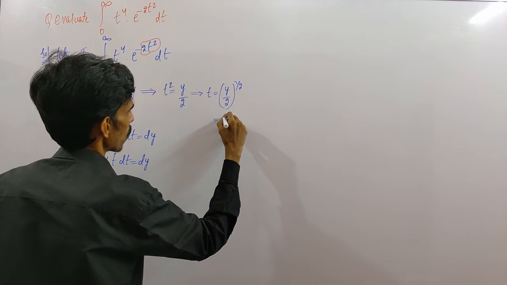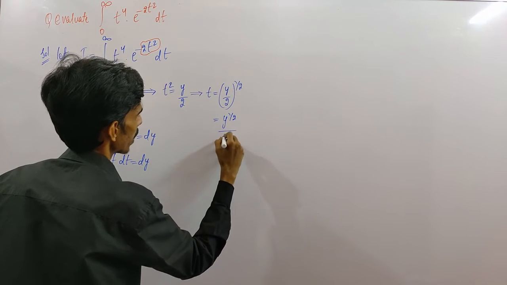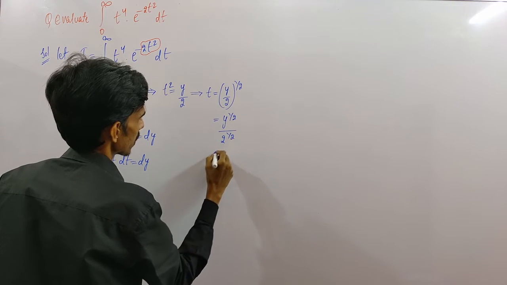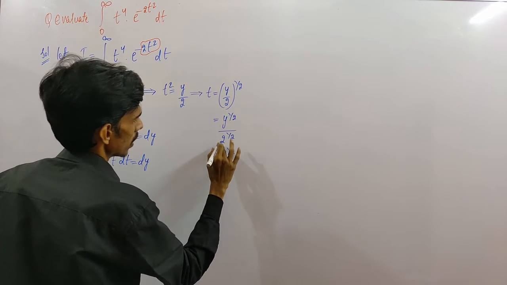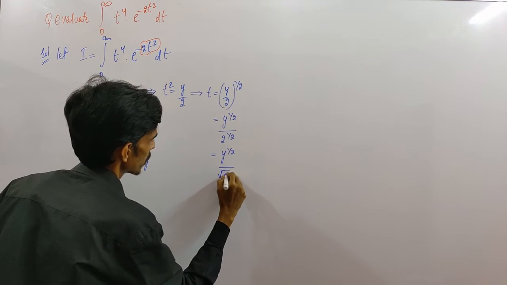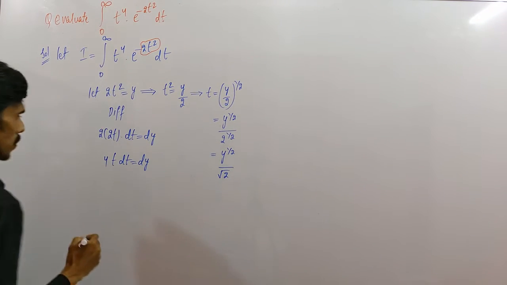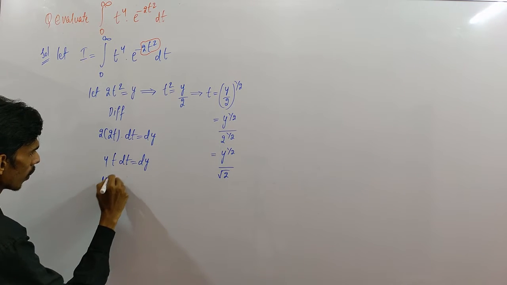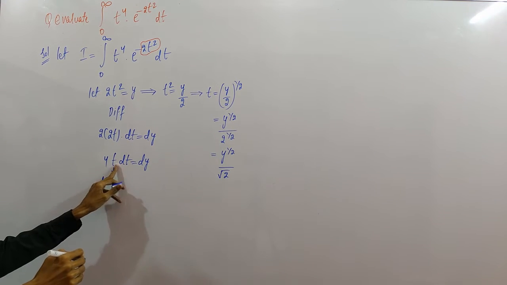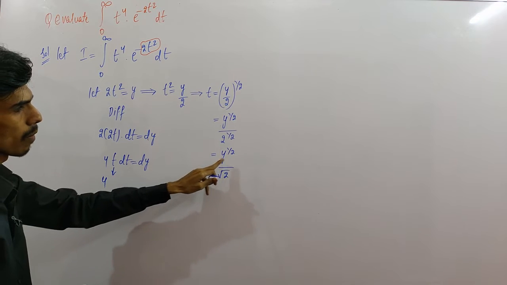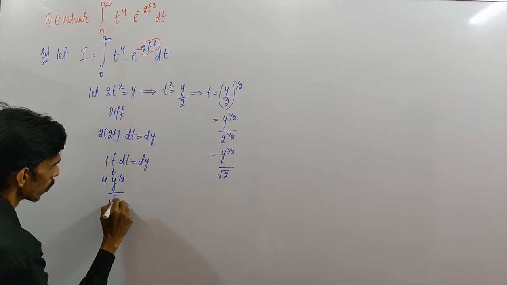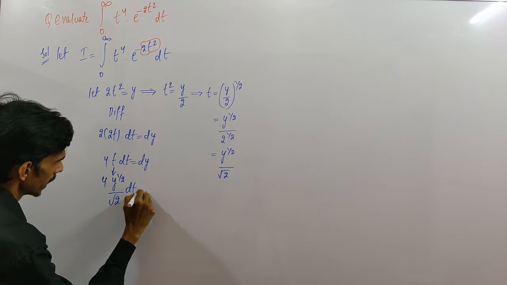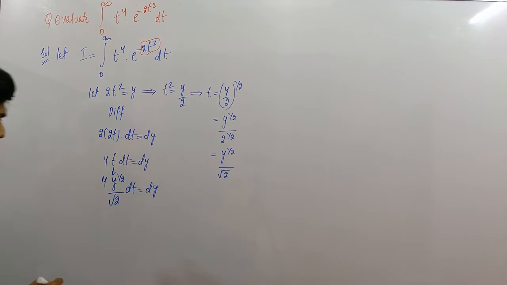That is y power of 1 by 2 divided by 2 power of 1 by 2. 2 power of 1 by 2 can be taken as root 2. So here we have 4t dt is equal to dy, with t value as y power of 1 by 2 divided by root 2.